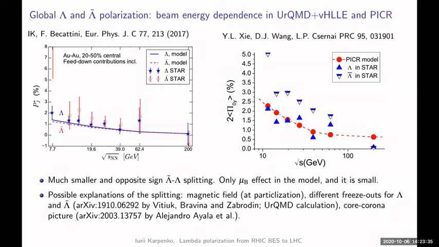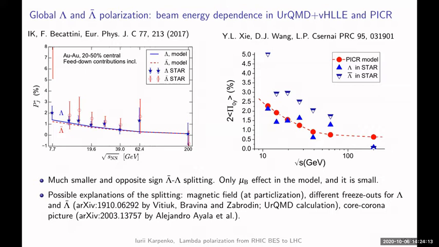If you approximate the fireball very roughly by a core part and a corona part, and you assume that the corona only produces lambdas, whereas the core produces both lambda and anti-lambda, then this would also lead to larger polarization of anti-lambdas. That's the second preprint which I briefly cite here. So far, those are two explanations in the same spirit, I would say, for the splitting.